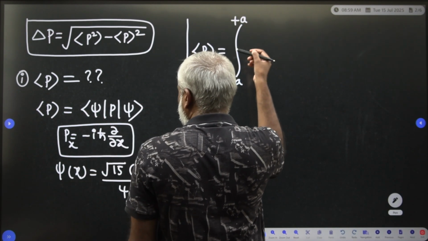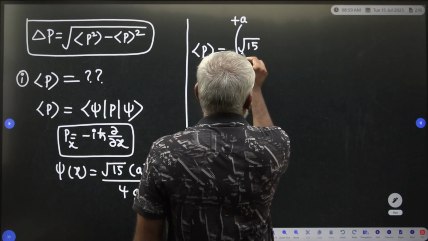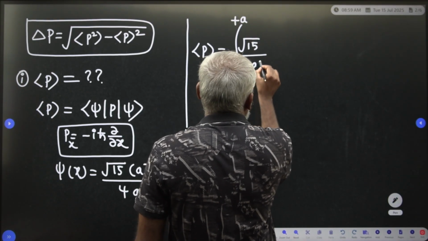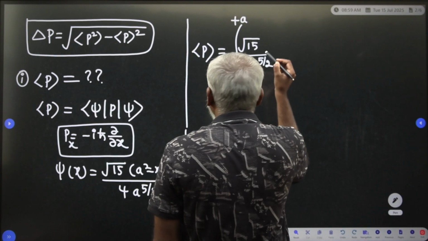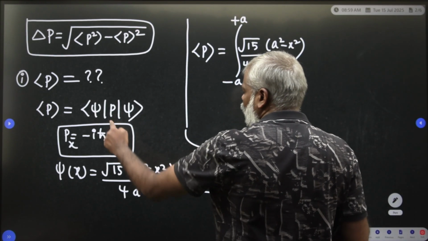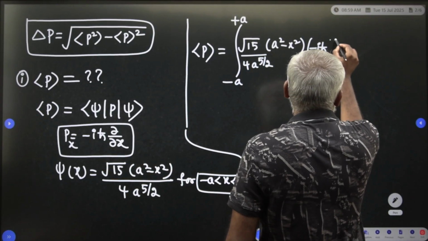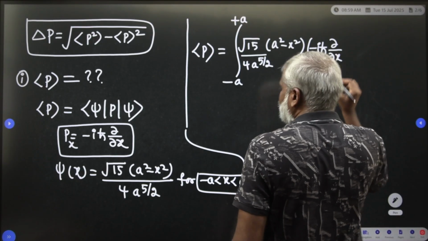Bra psi is psi conjugate, which you write as root 15 divided by 4 into a to the power of 5 by 2 into a square minus x square, into p, where p is equal to minus i h cut into dou by dou x.